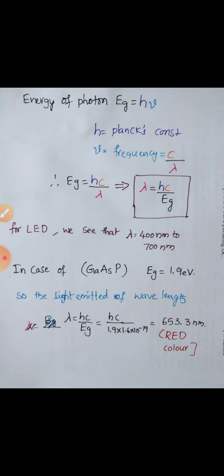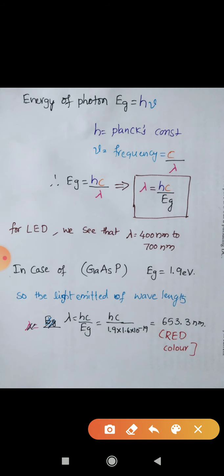Here you can see that the energy of photon according to quantum theory is given as E equal to h into mu. Here E is indicated as Eg, that is energy gap, because when the electron is dropping from conduction band to valence band, it gives out a photon whose energy is equal to the energy gap of the two energy levels, and it is given as h into mu, where h is Planck's constant and mu is the frequency of released light.